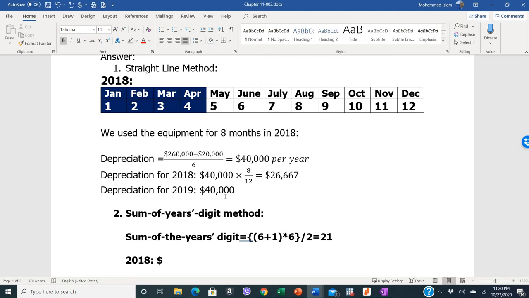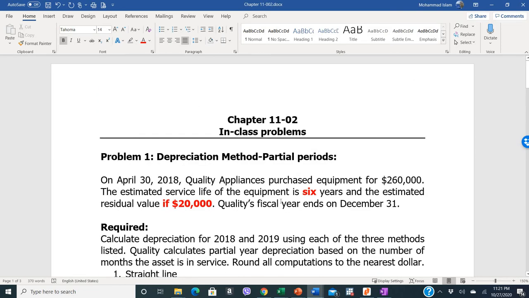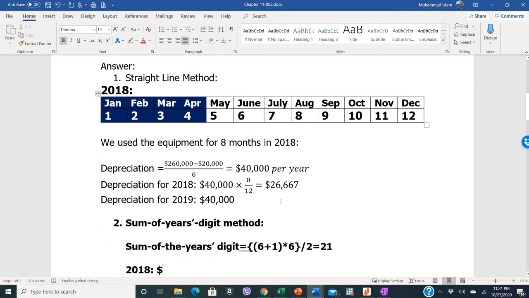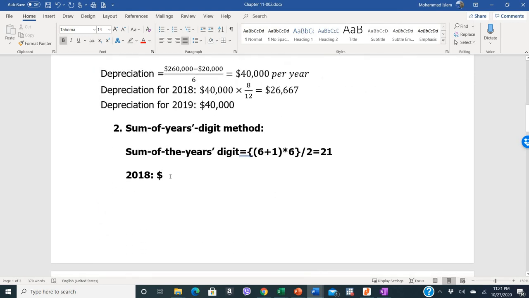So we start with the depreciable amount, that is 240,000, because 260,000 minus 20,000.